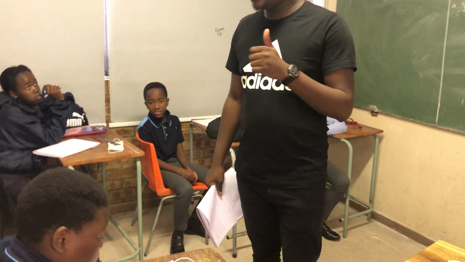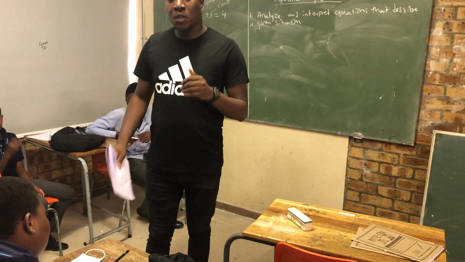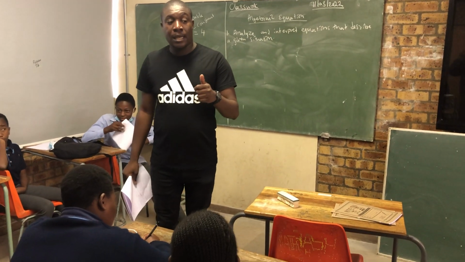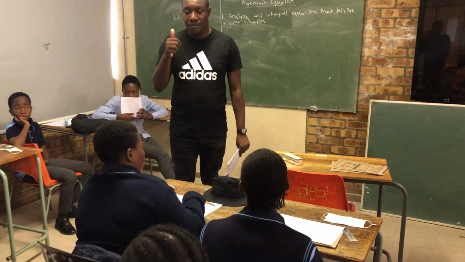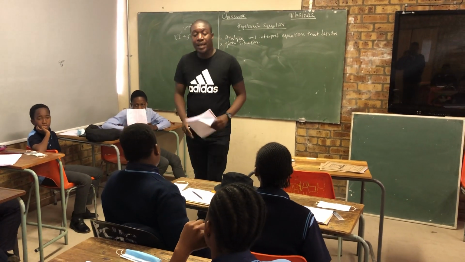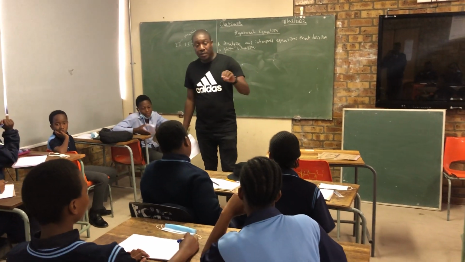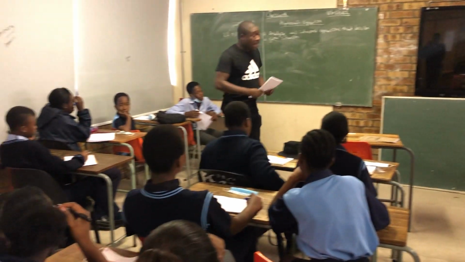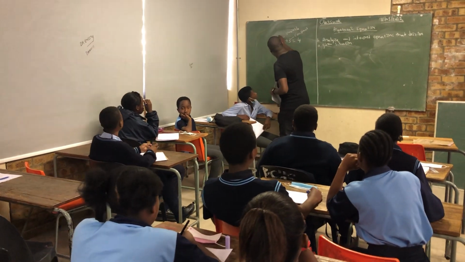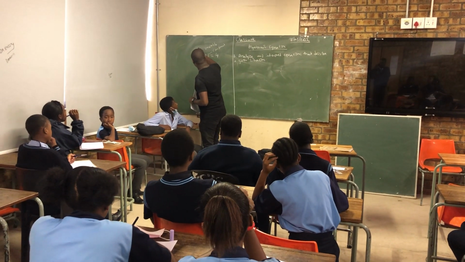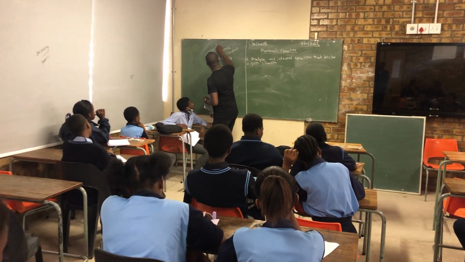The reason why we say x is a variable is because x represents an unknown value. An unknown value can change anytime. That's why we say it's a variable. And the number before the variable, which is 2, we refer to as the coefficient.